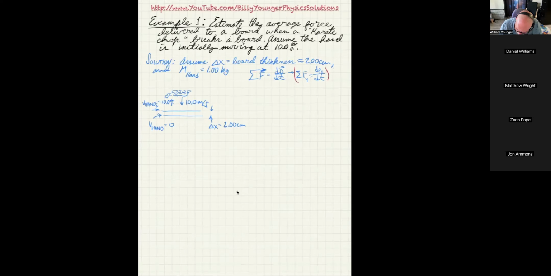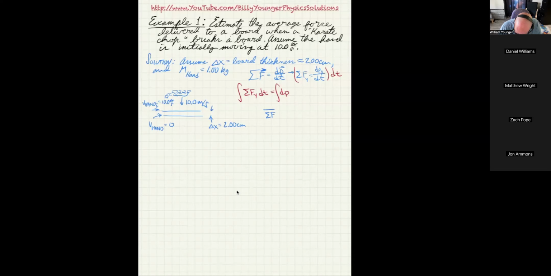So what I'm going to do is multiply both sides of the equation by dt, and that's going to give me the summation of the forces in the y direction dt is equal to dp. Now, in principle, that means we'd probably integrate that, and that would work fine. But if we just want to think about it, we could say on average, the F, put a bar over it.